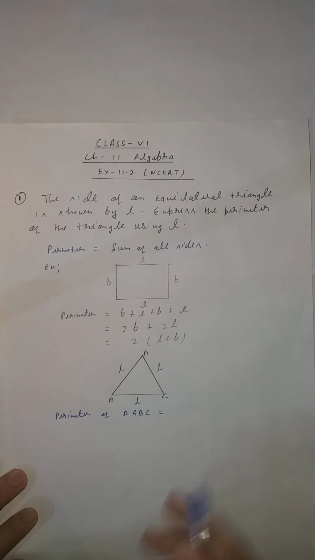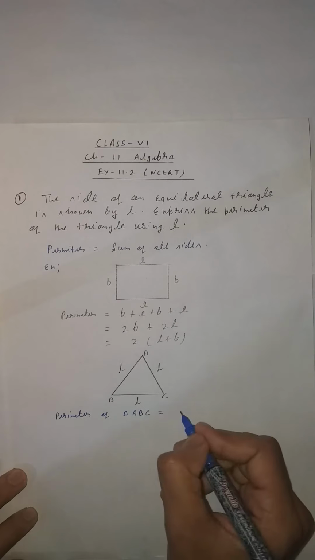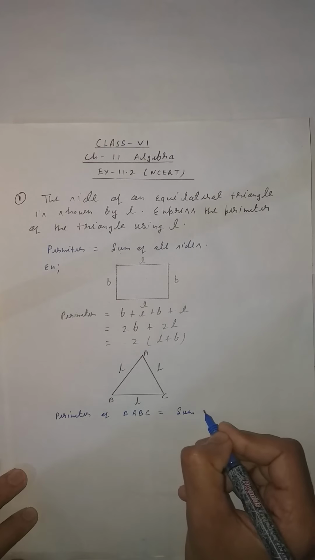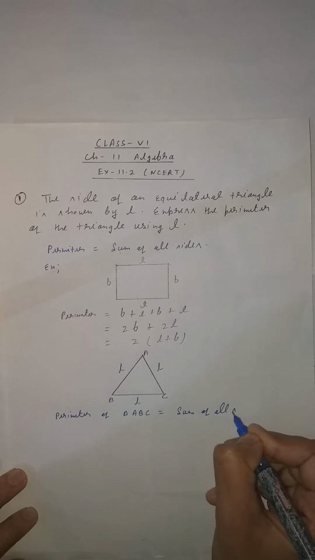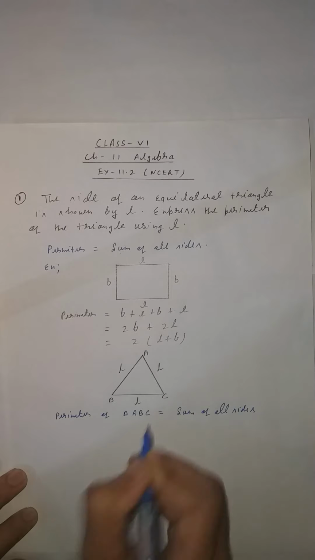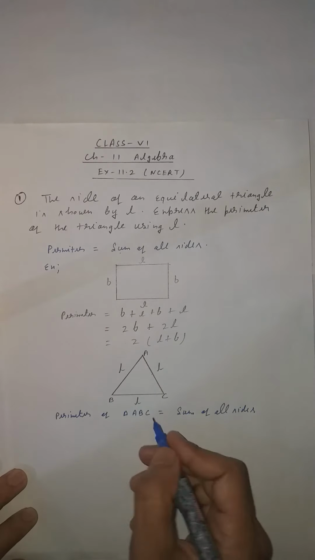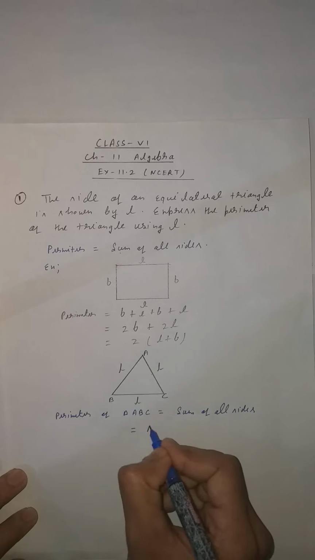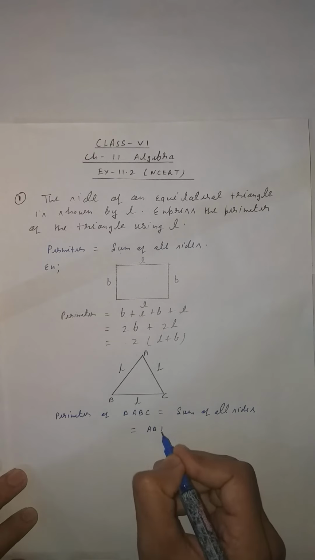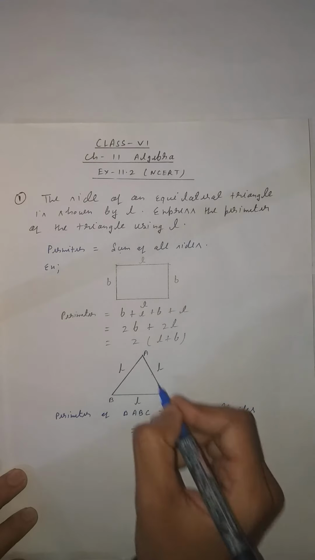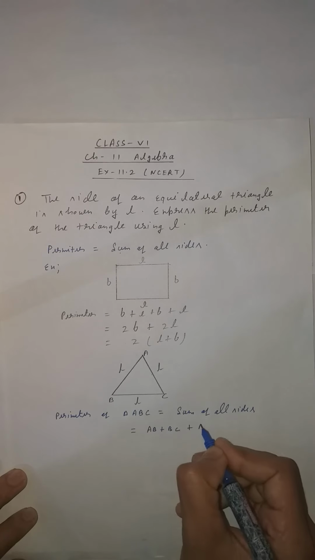What I explained, student? If you have to find out perimeter, you will add all the sides, that is, the sum of all sides. You know that 3 sides are given: first side is AB, second side is BC, third side is AC or CA. You can write anything.